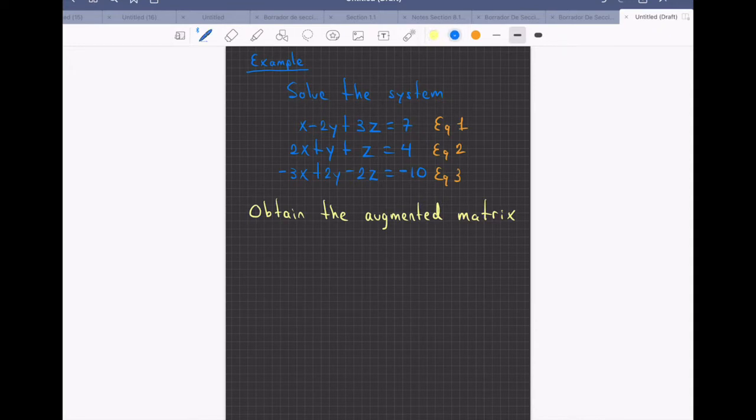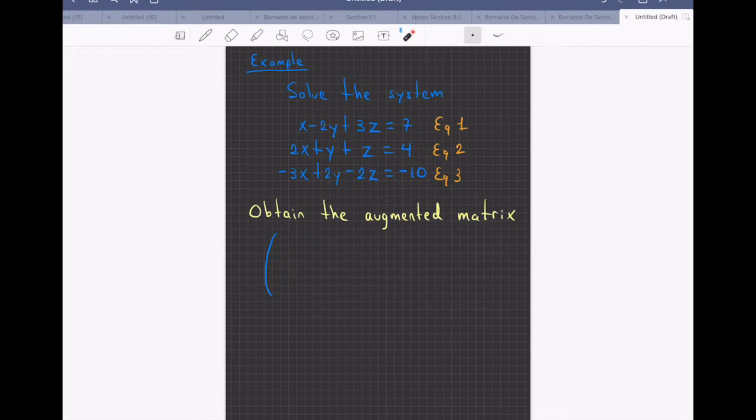Remember, the augmented matrix is the matrix of the coefficients for each equation. We have to put the coefficients here, and of course one equation corresponds to one row. So if we have three equations, we're going to have three rows.